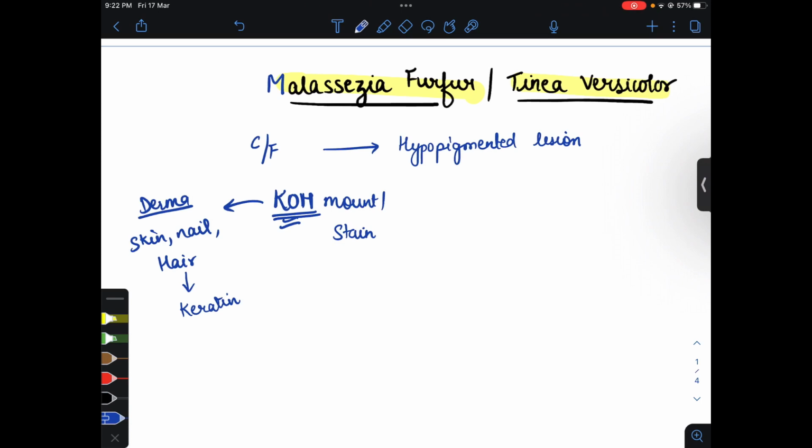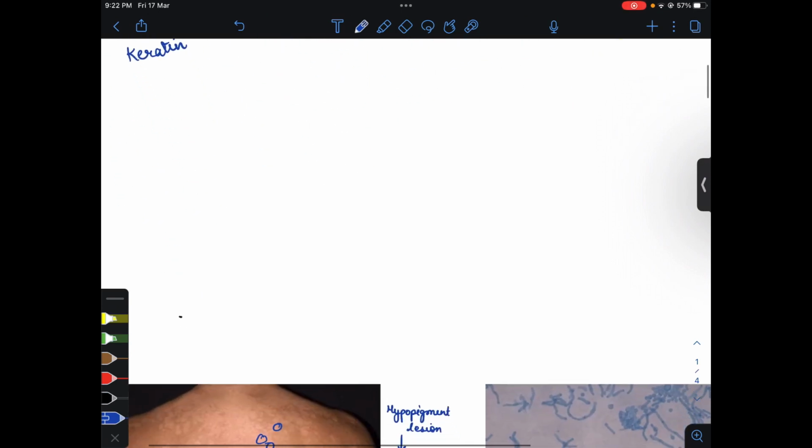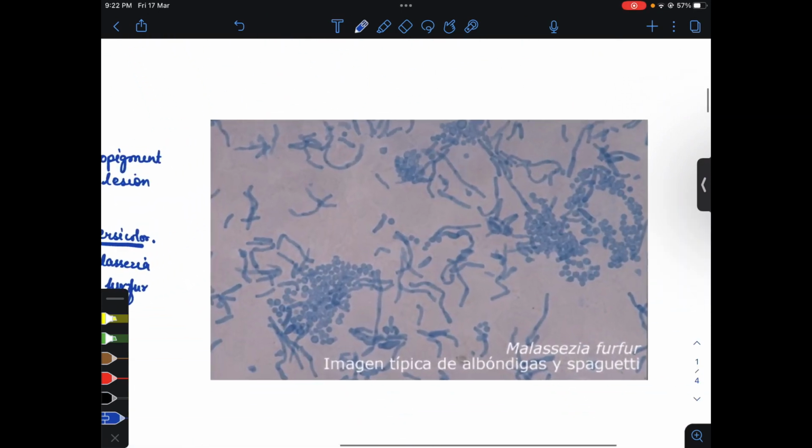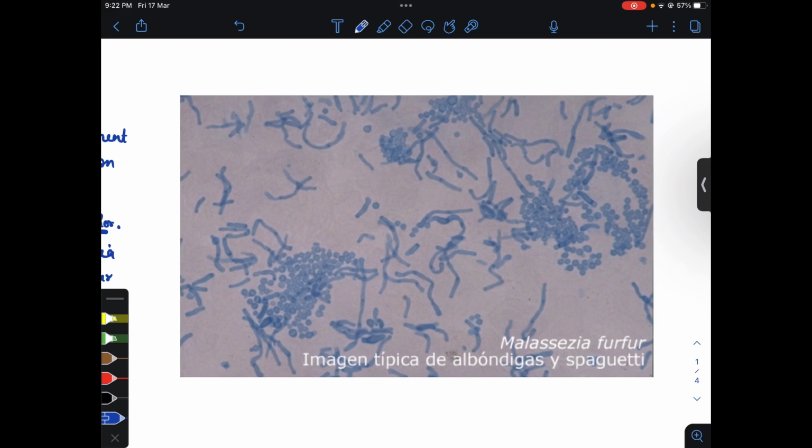Now, when we do the staining, what kind of morphology do we see? In this potassium hydroxide mount, we see a lot of small granules that look like grapes, or we can say meatballs, if the person is non-vegetarian.